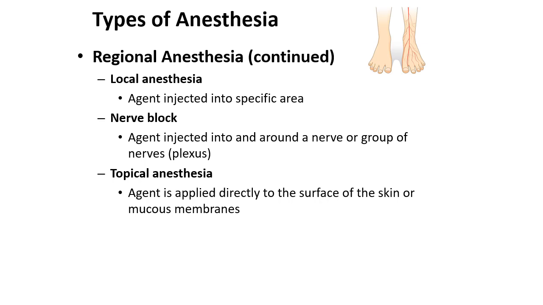And then you could also do topical anesthesia, where you apply it to the surface of the skin. It's not blocking as much of the area, but it numbs the area on the surface of the skin, like Oragel, how that numbs the mucous membrane if you put it on top. It does block some of the sensation and decreases the sensation of pain in that area.